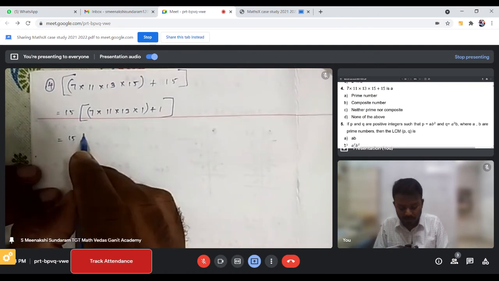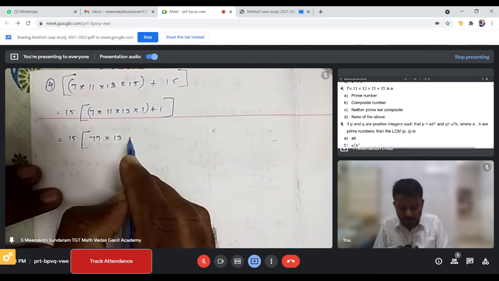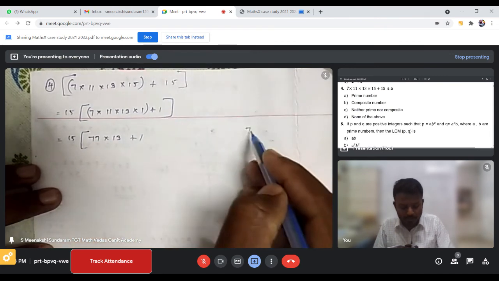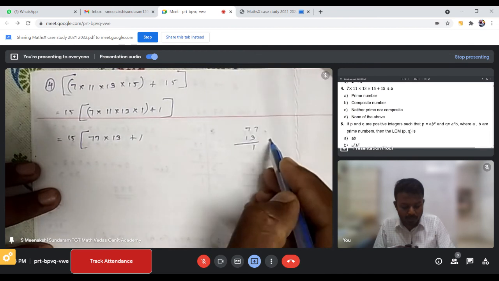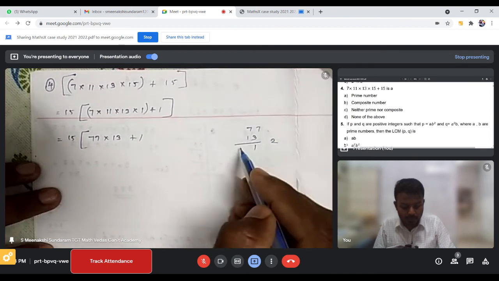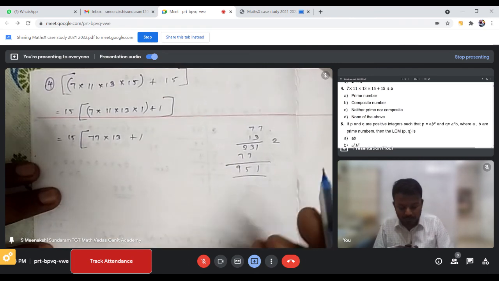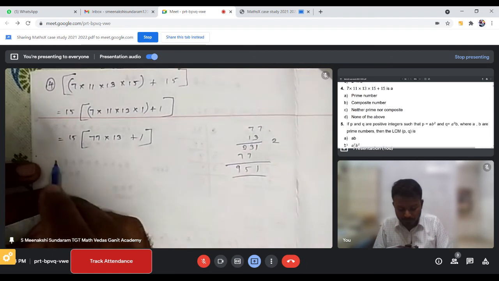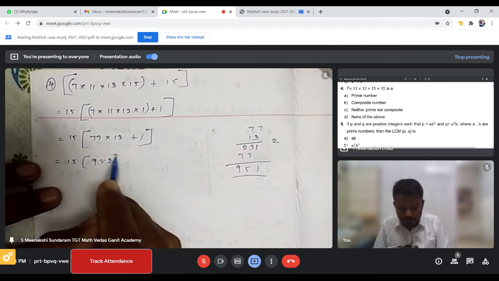We can find it. So 77 into 13 plus 1. Now we should multiply 77 into 13. 3 sevens are 21, 1 remaining 2. 3 sevens are 21 plus 2, 23. 1 seven is 7, 1 seven is 7. So 5, here 9. So 9, 51 plus 1. So 15 into 952 is the answer.